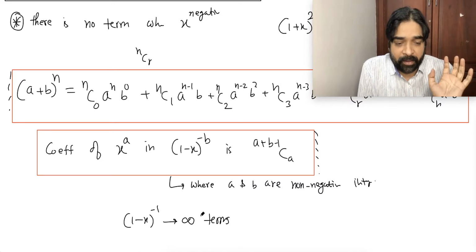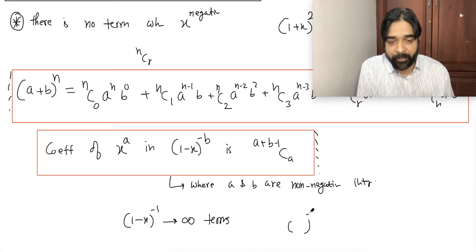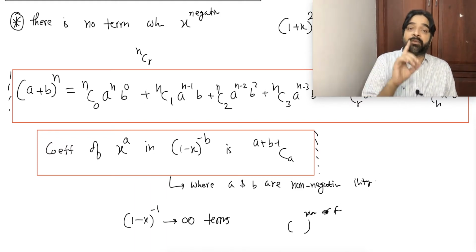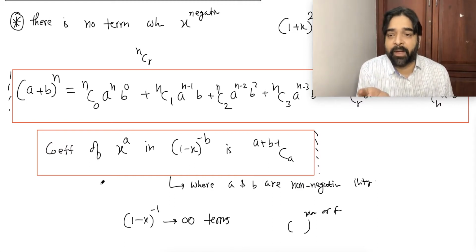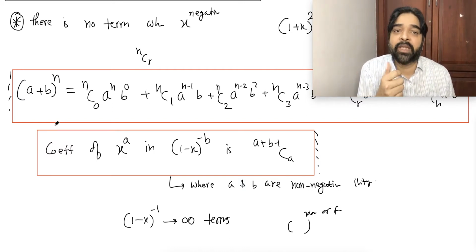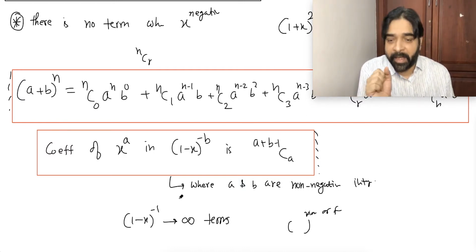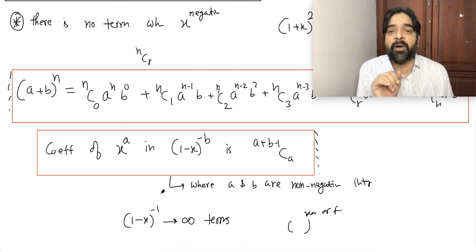So whenever the bracket power is negative or a fraction, the number of terms will be infinite. If the bracket power is a natural number, as we did by the binomial theorem, the number of terms will be finite, because that is a pure polynomial. This is not a polynomial, that's why we are converting it into polynomial form and getting infinite terms.